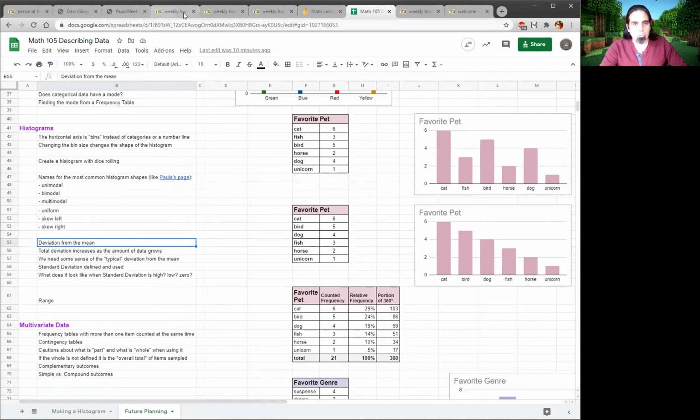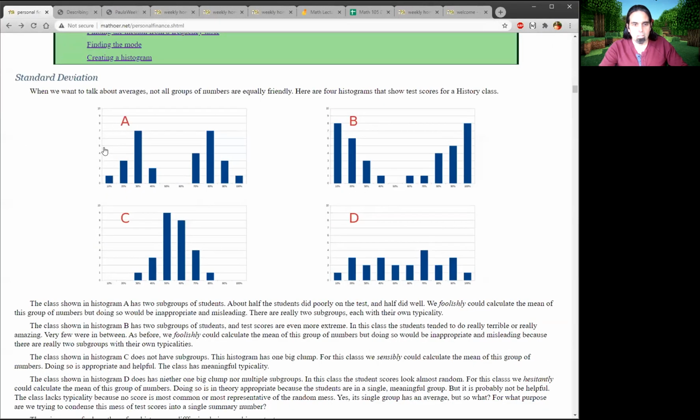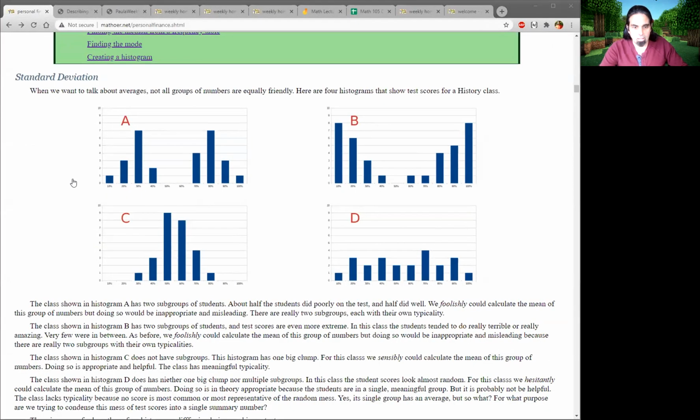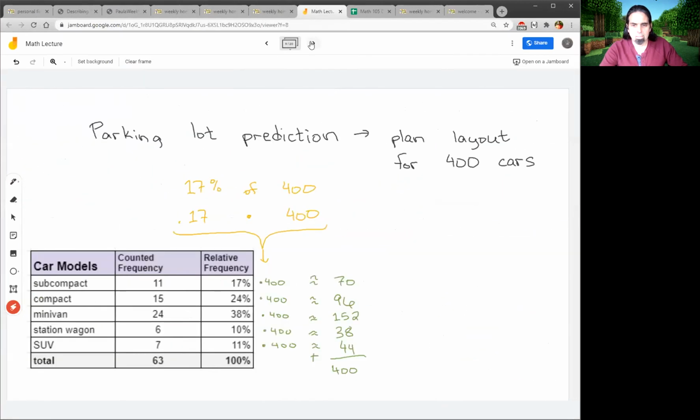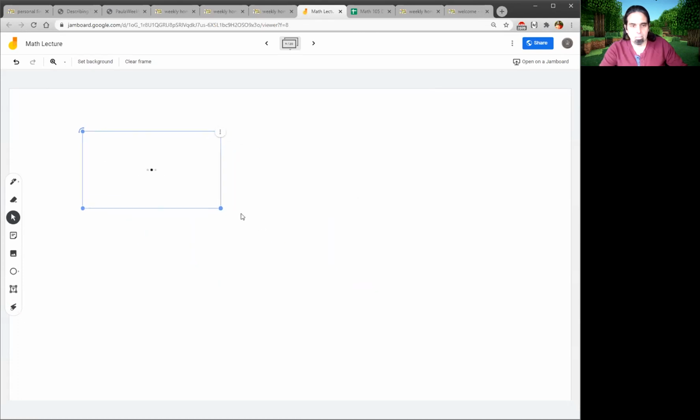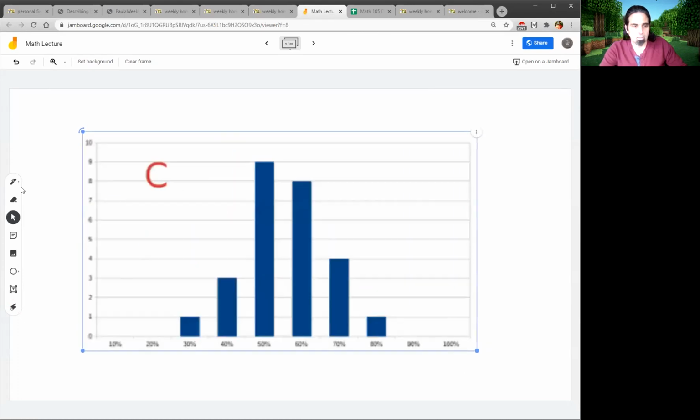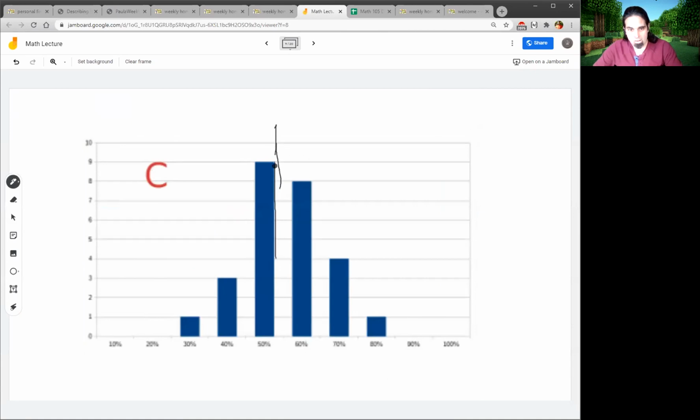Because on the histogram, you can really see it, that this histogram has a mean, right, some average value, and how far each data piece is from the mean.